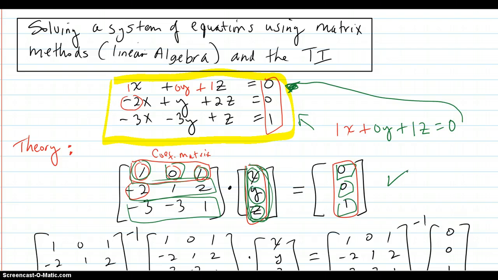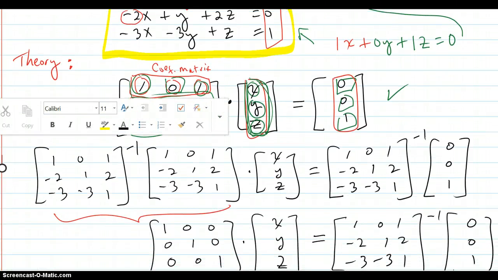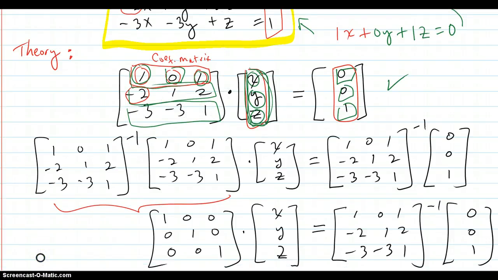Now how are you going to solve it with the theory? You're going to multiply an inverse matrix here. This is your inverse.